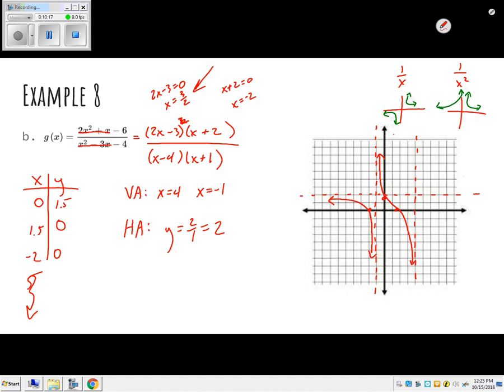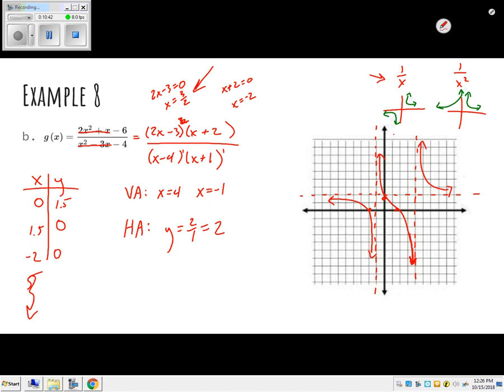However, I'm looking at the bottoms down here, and these are all to the first power as well. So they're going to behave like my 1 over x right here, which was to the first power. So that means if I have a graph that is going downstairs on this side of the asymptote, I'm going to come back and this part of the graph is going to be upstairs, just on the opposite side.